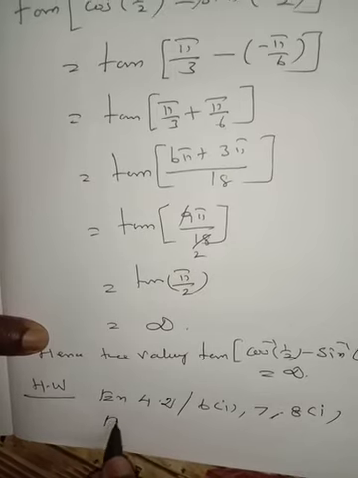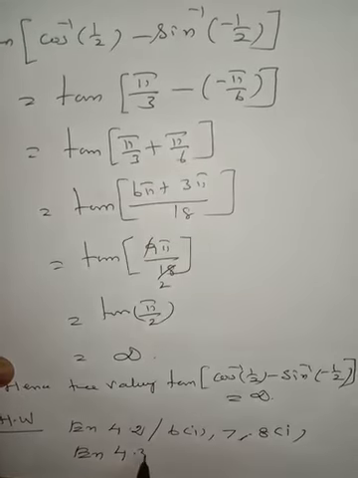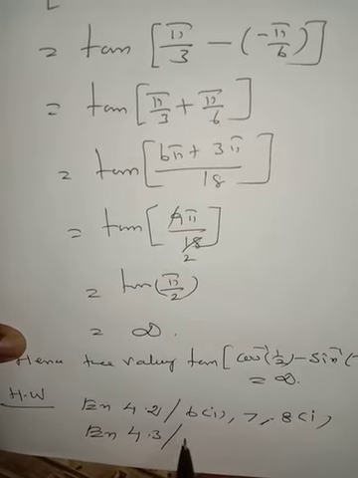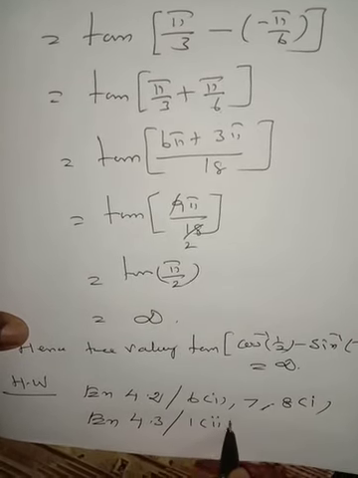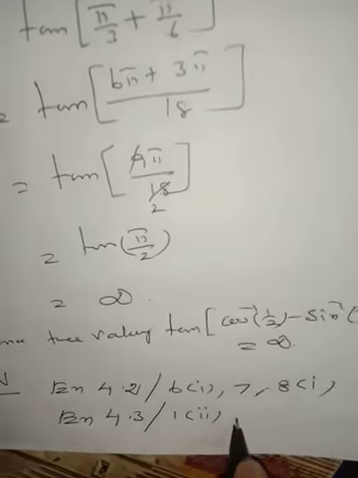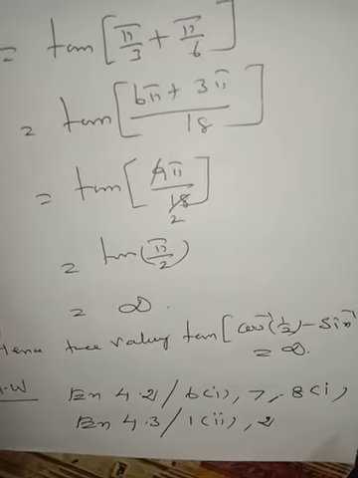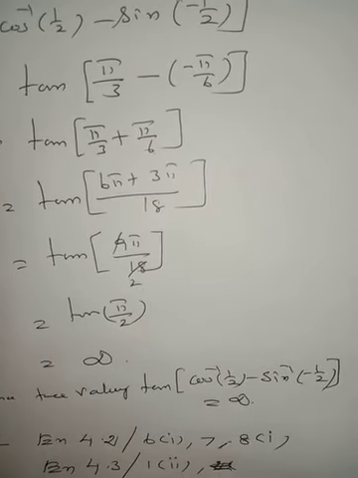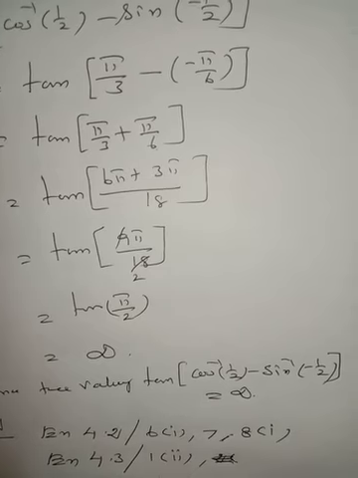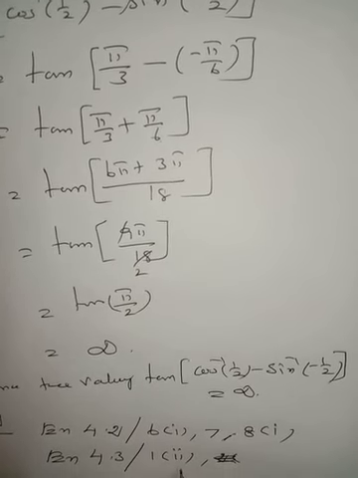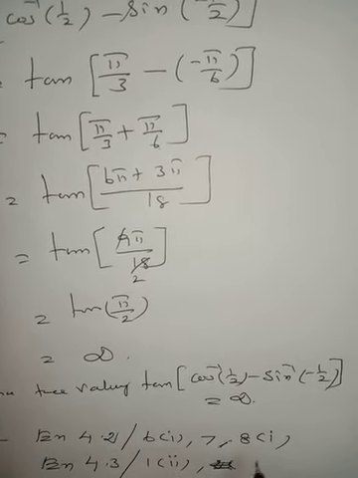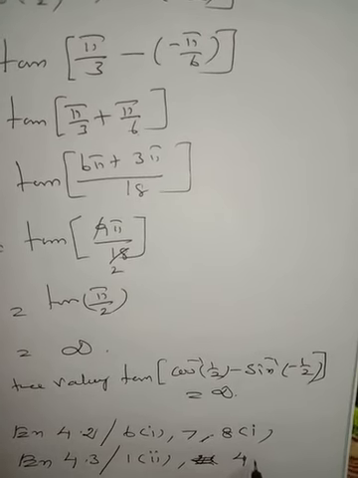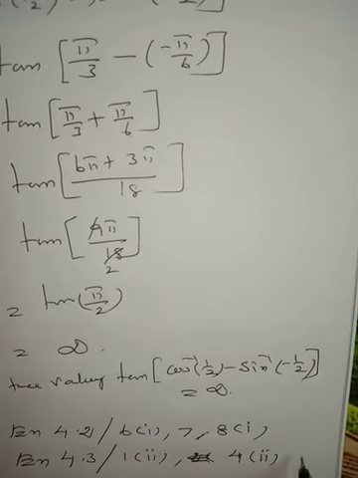Next, exercise 4.3: sum number 4, first sum number 1, subdivision number 2. Next, sum number 2, subdivision number 1, sum number 1, subdivision number 2, and sum number 4, subdivision number 2 and 3.